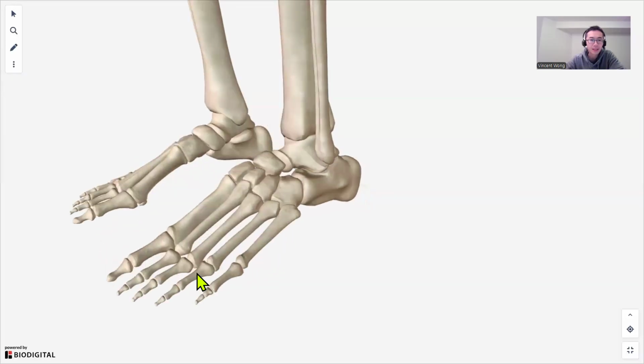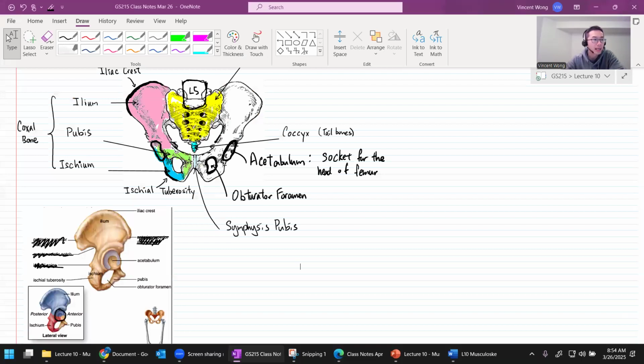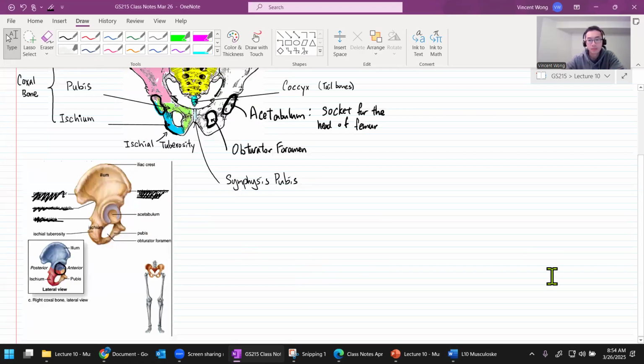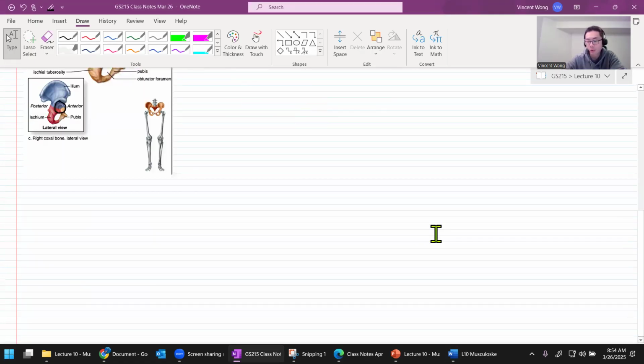Okay, so that's that. I guess we can draw a picture for it if you want. Again, nothing fancy. But this would be femur, and this would be your left leg, front view.